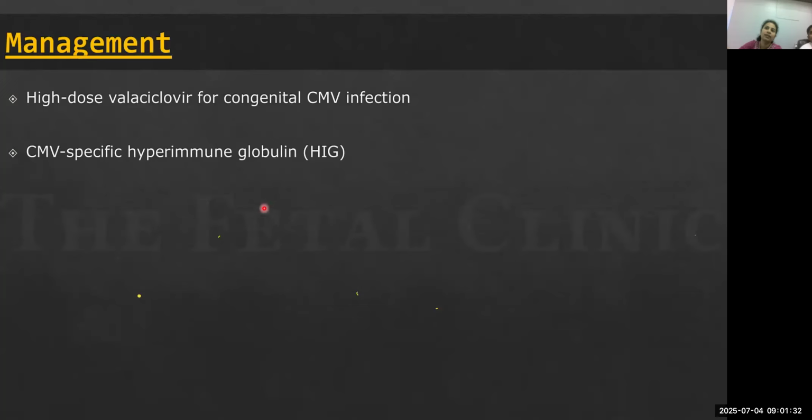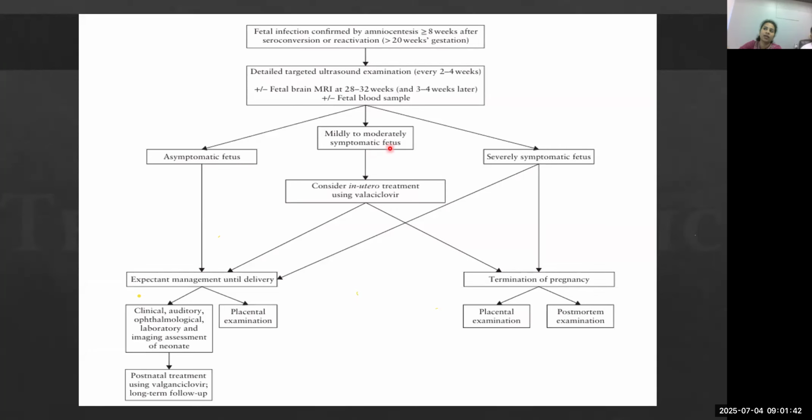So the management includes valacyclovir and some research is going on CMV-specific hyperimmune globulin. So this was one of the management guidelines which showed that in an asymptomatic fetus, we are going to just monitor with an ultrasound examination and a postnatal treatment.